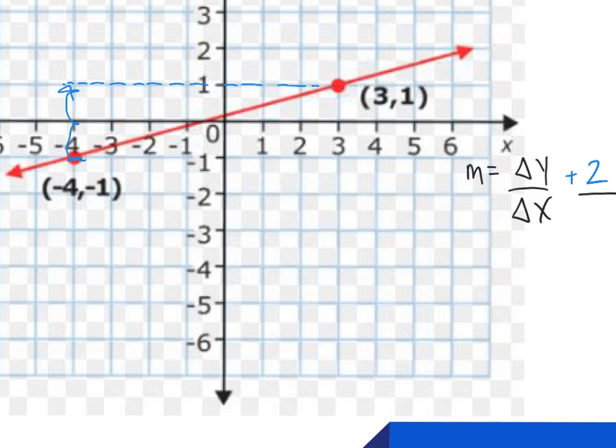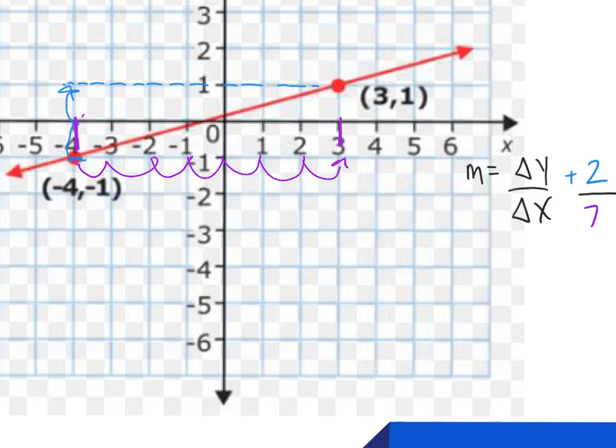The change of x, here's my x. So notice, again, remember, when you're looking at y, you're looking at the y value. Here's the y, and here's the next y. It's up there. Change of x, you began here, and you ended at 3. So your change of x is going to be over 1, 2, 3, 4, 5, 6, 7.